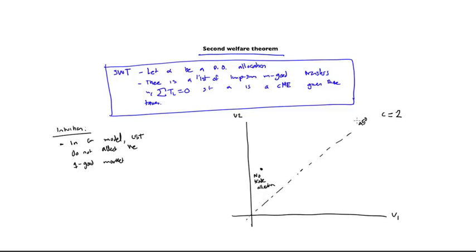Now what happens when people trade without taxes is that they're going to move to an allocation like this, which is the competitive market equilibrium with no lump sum transfers. They're going to move to something like this that tends to make everybody better off.